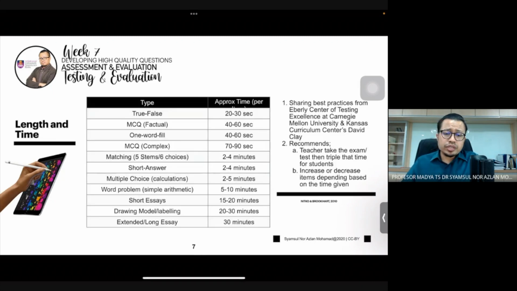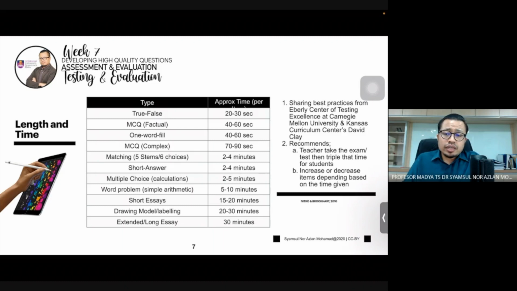And for your information, in terms of length and time, there are lots of tables that explain this, but this one just outlines the appropriate times or estimates that we can allocate for testing using a given writing test.